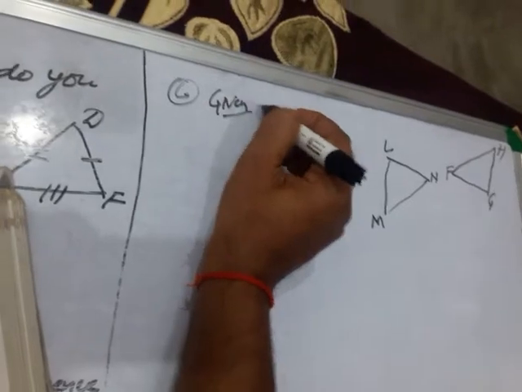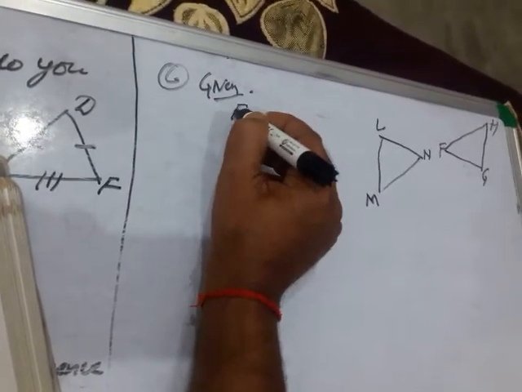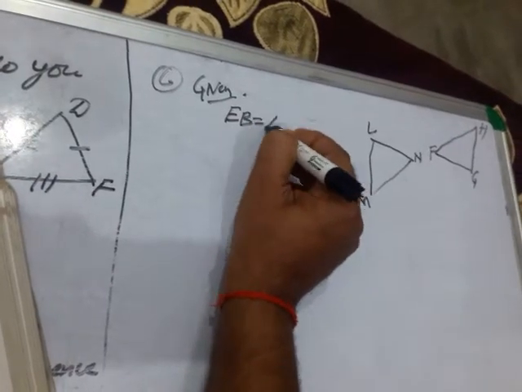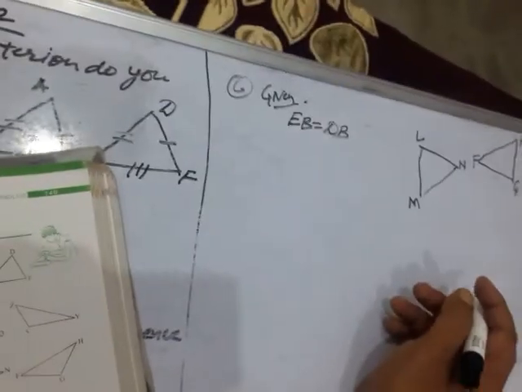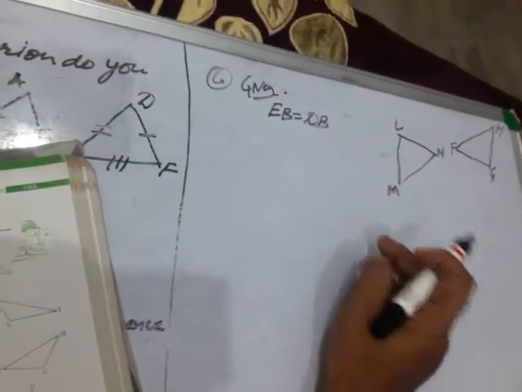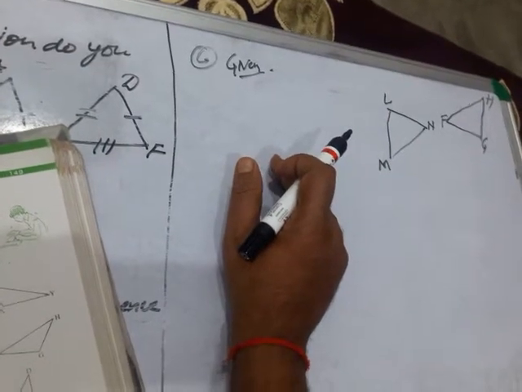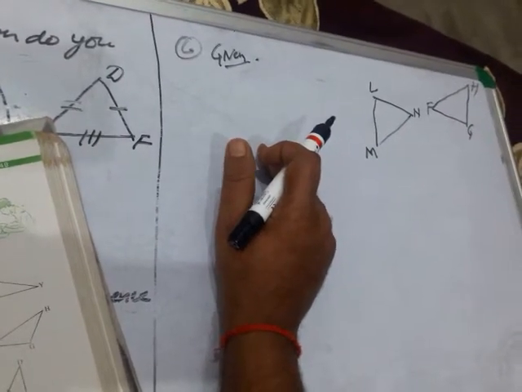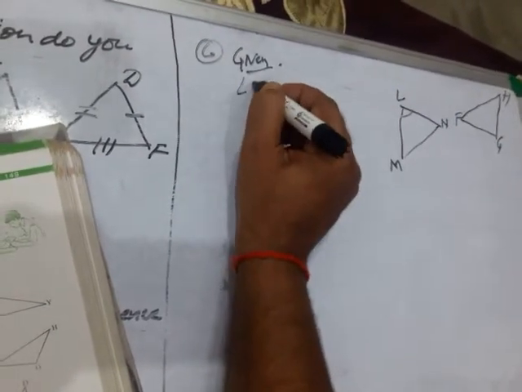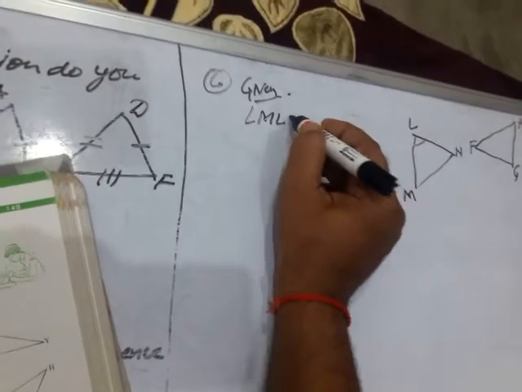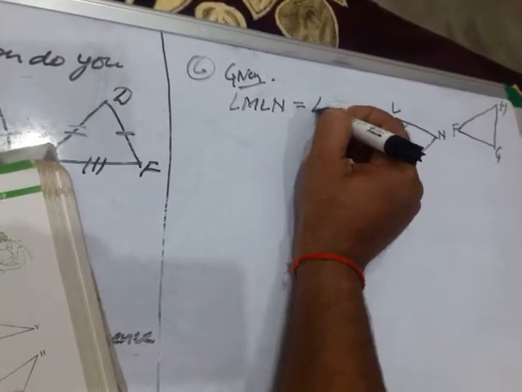What information is given about the two triangles? I'm sorry, it is not EB. It is given that angle MLN is equal to angle FGH.